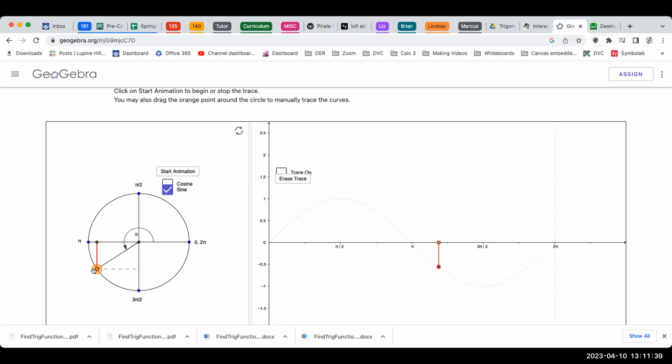It's going to be negative, right? So this Y coordinate now is a negative value at whatever this angle is. And so as I go around the circle, when I get to 3 pi over 2, it goes all the way to negative 1. And then it goes back to 0, and it just keeps doing that as I go around.